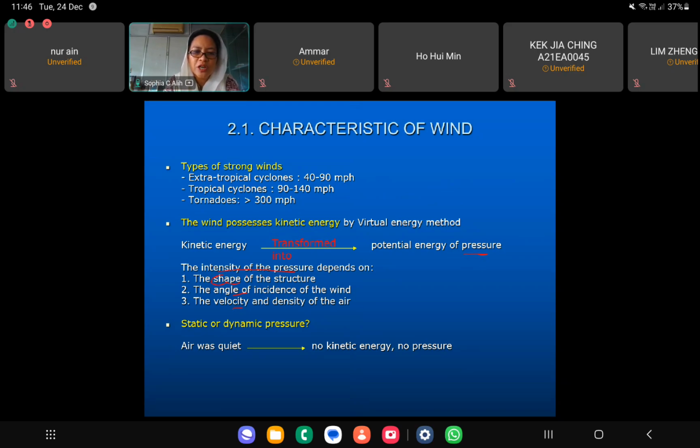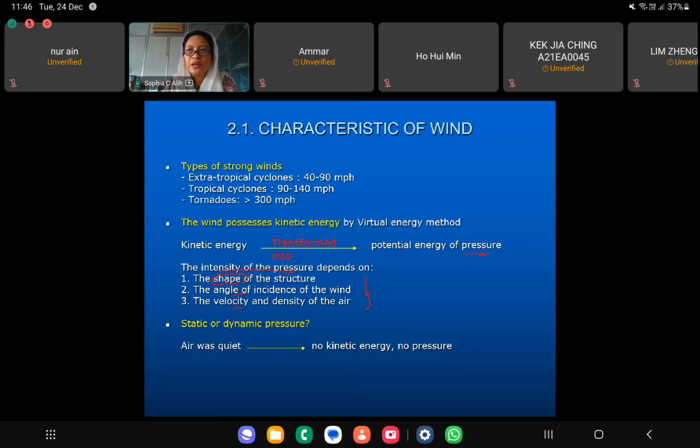It is first the shape, the angle of the wind, and also the velocity and the density of the air. So all of these 3 parameters are controlled in the wind tunnel facilities in order to see how much is the pressure of the wind.